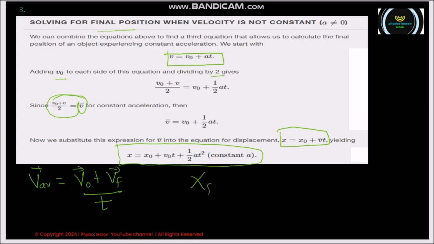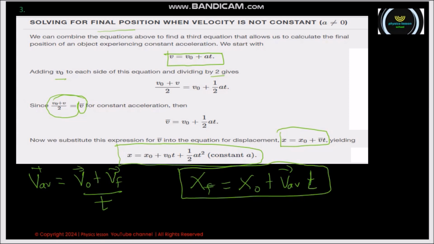The final displacement is calculated as the initial displacement plus the V average times the time. This we already calculated before. So we substitute the value of the average velocity into this equation. Let us see.